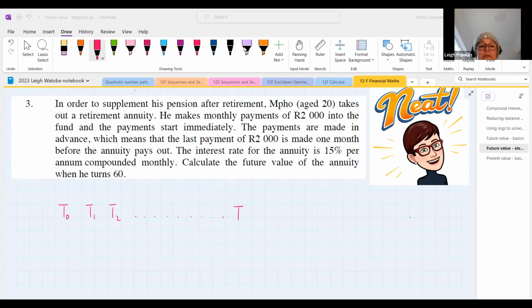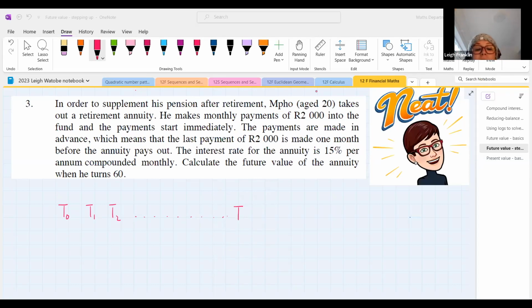For 40 years. So how many months are there in 40 years? Yes, 480. Good. So we've got to go up to T480.